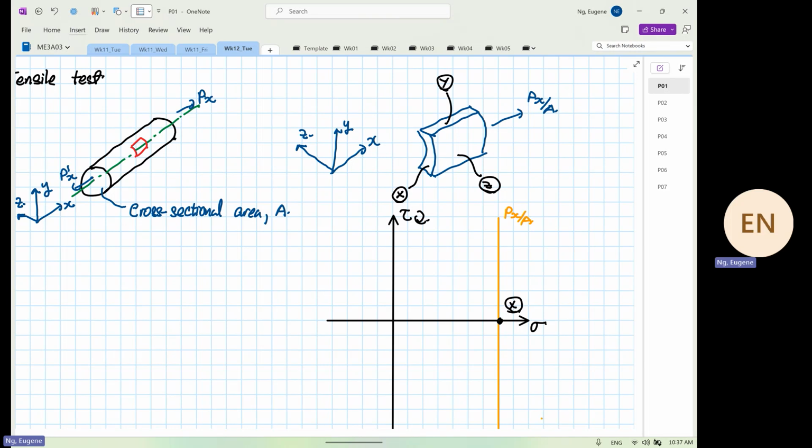They don't have any stress state at all. So this is our point Y, and also our point Z. From here, we now can construct Mohr's circle.